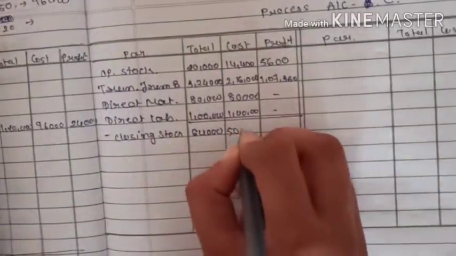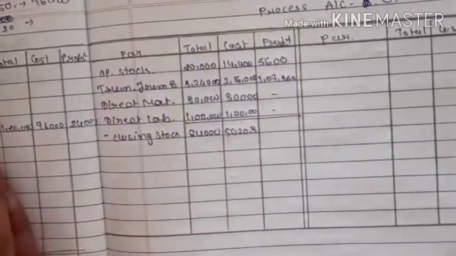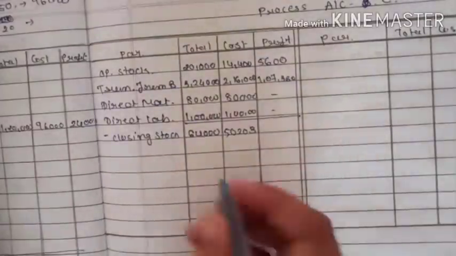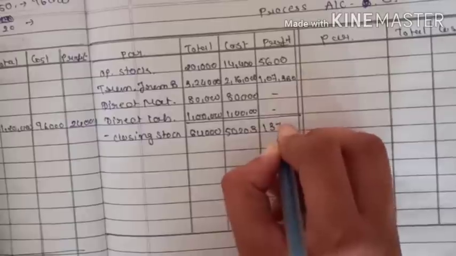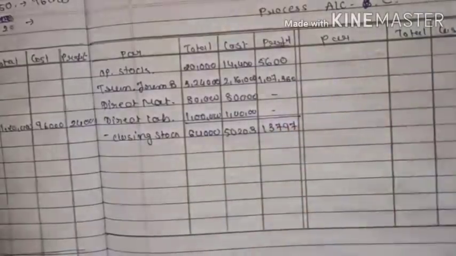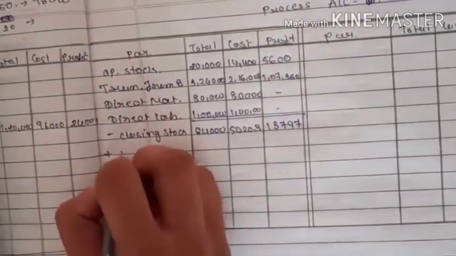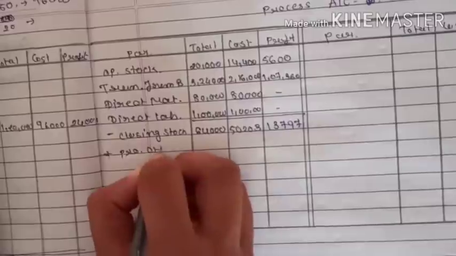So 64,000 minus 50,203, profit will be 13,979. Sorry, 13,797.